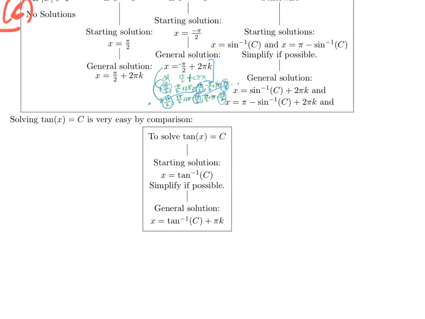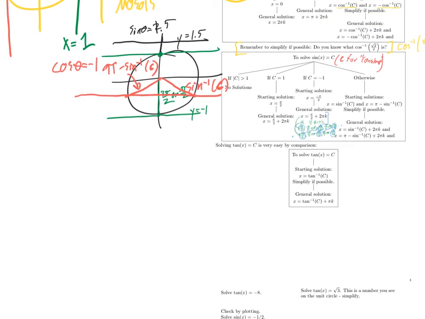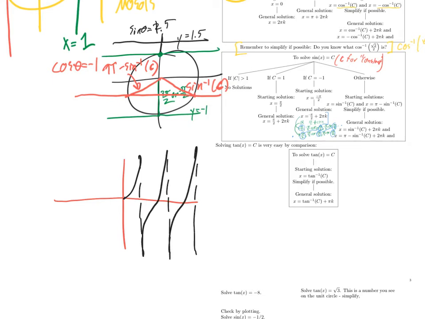If you want to solve an equation that involves the tangent, well, that is, by comparison, fairly simple. So let's remember what the graph of y equals tangent looks like. It goes, and so on. The sound effects were very important.